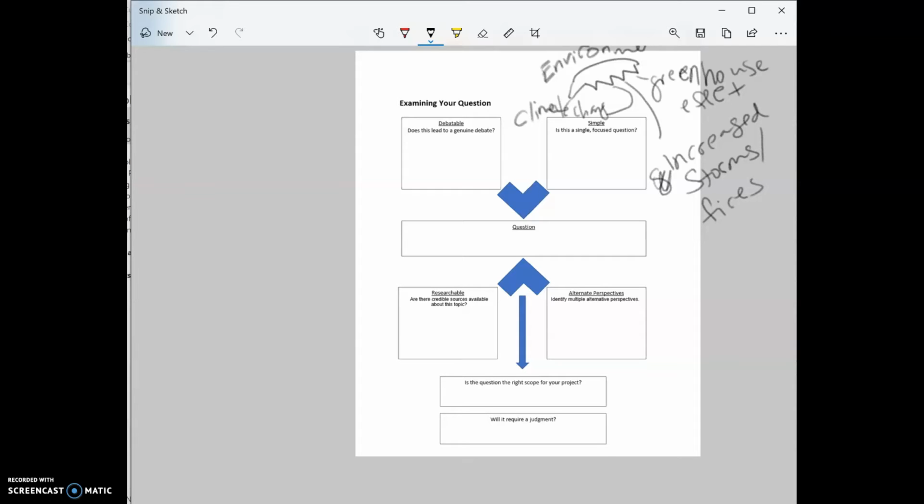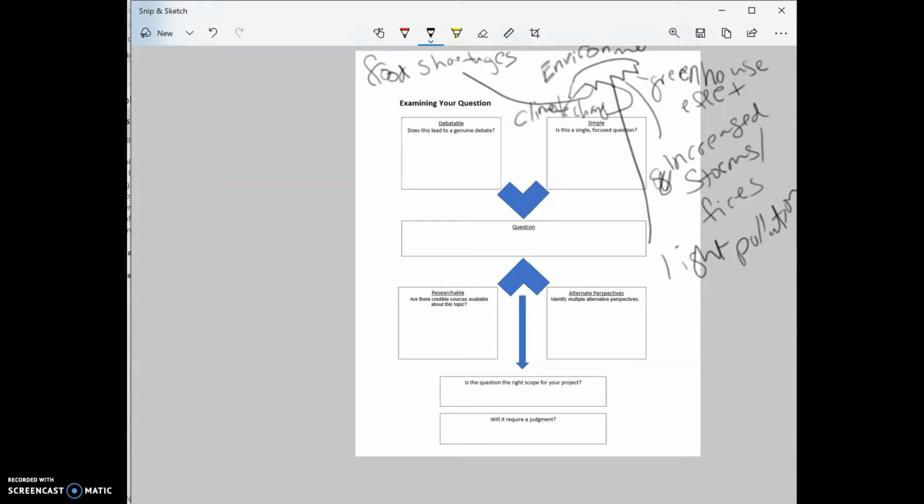We could talk about light pollution. And here we could talk about how climate change is affecting or creating food shortages.